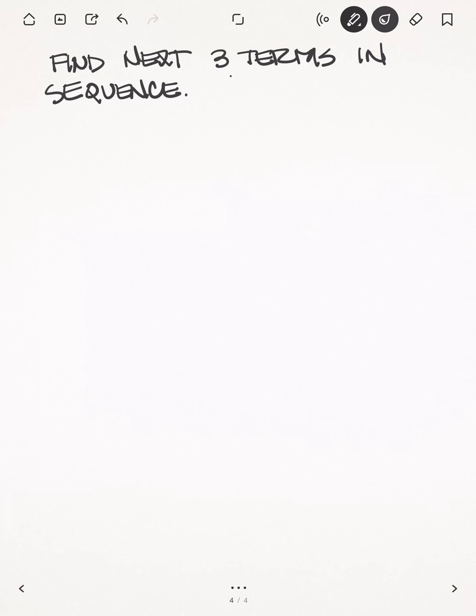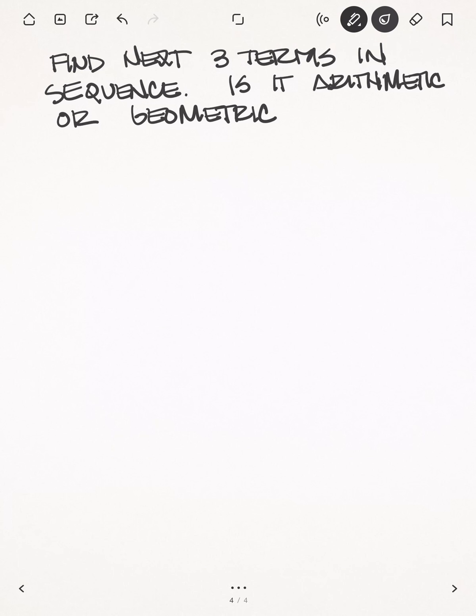And then they are going to ask you, is it an arithmetic sequence or is it a geometric sequence? Now, if you remember, an arithmetic sequence means you add or subtract something every time to get the next term. And geometric means you're going to multiply or divide by the same number every time to get the next term. So let's see what happens.